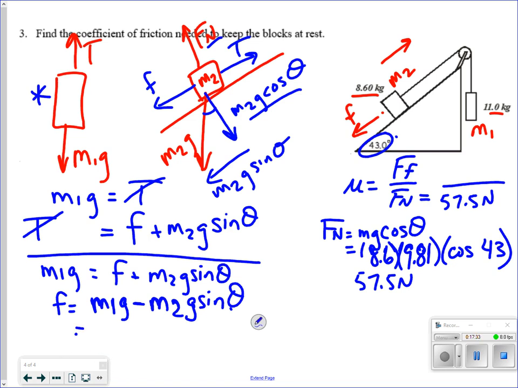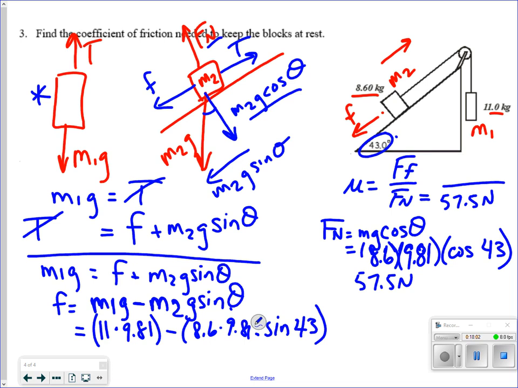Okay, let's try this again, shall we? I'm not even going to rearrange it, I'm just going to skip that step. I'm going to go grab my calculator. Thought I had it, but I don't think I do.